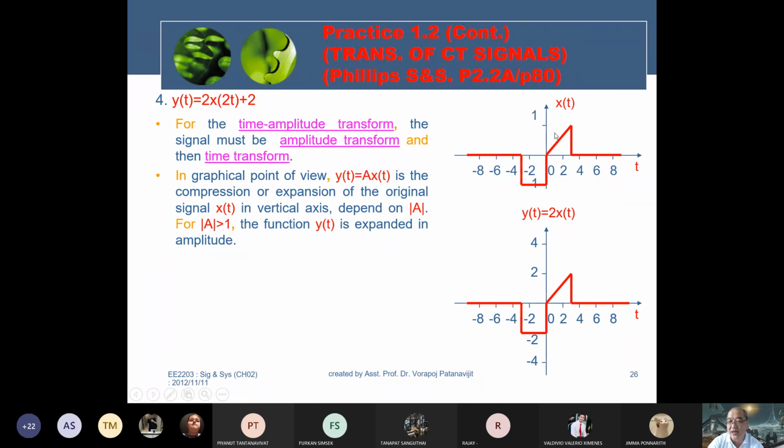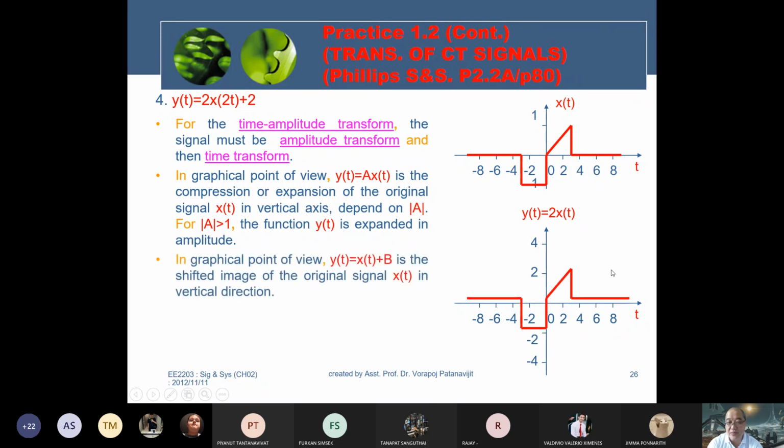We change the scale again from 1 to 2. In the next step we take amplitude shifting, shifting by 2. In the graphical point of view, y(t) = x(t) + b is the shifted image of the original signal x(t) in the vertical direction, upward, because b is positive.